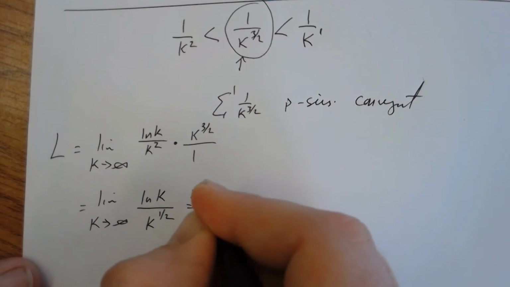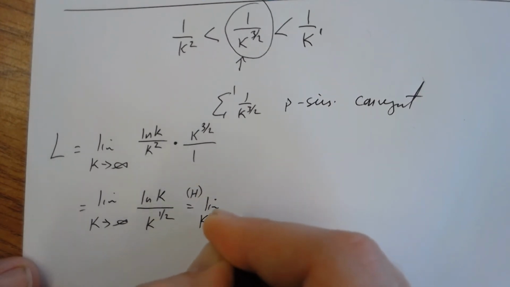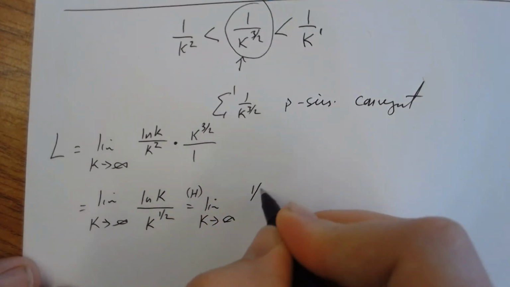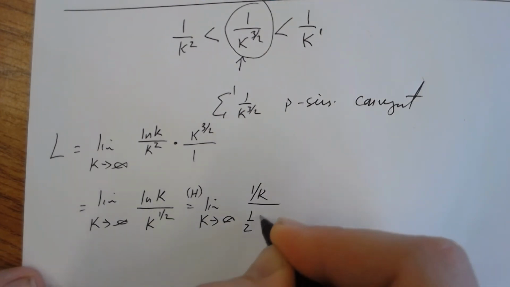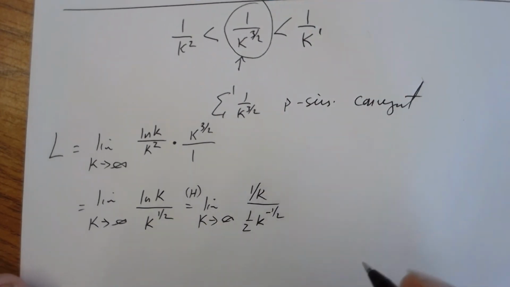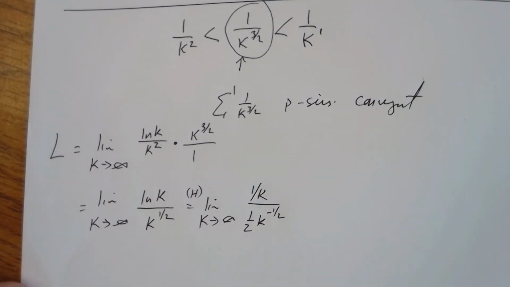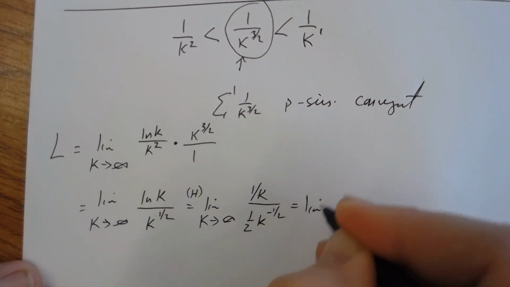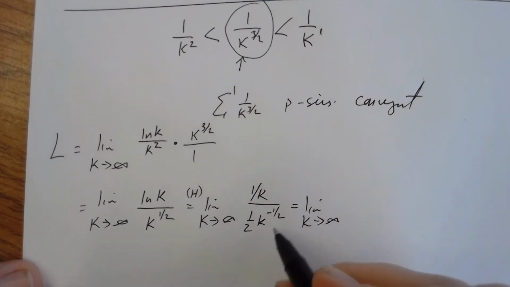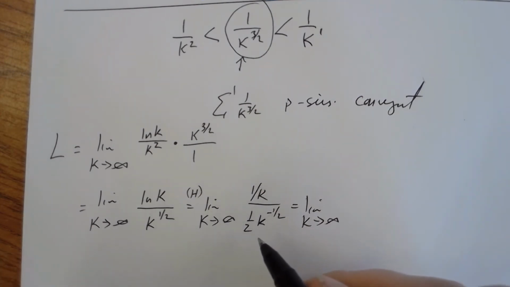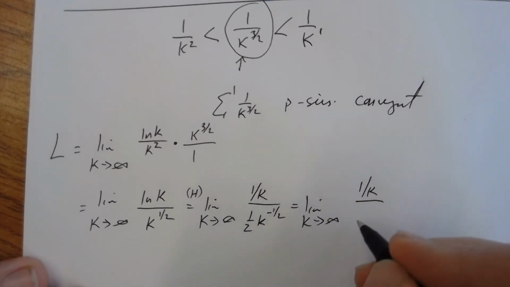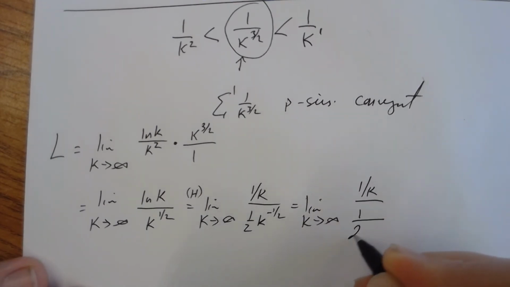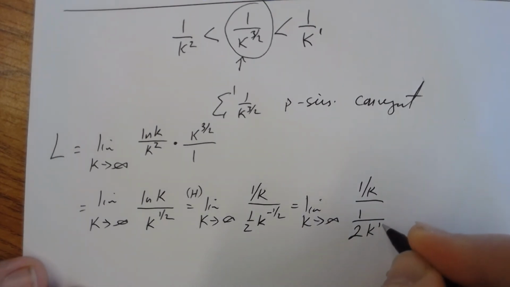So with this, as k goes to infinity, the top goes to infinity, the bottom goes to infinity, I can apply L'Hopital's rule all over again with this example, such that this top piece goes to 1 over k, and this bottom piece will end up going to 1/2 k to the negative 1/2, which I think will actually work out kind of well for us. If I simplify it down, I have 1 over k divided by 1 divided by 2 k to the 1/2 power.